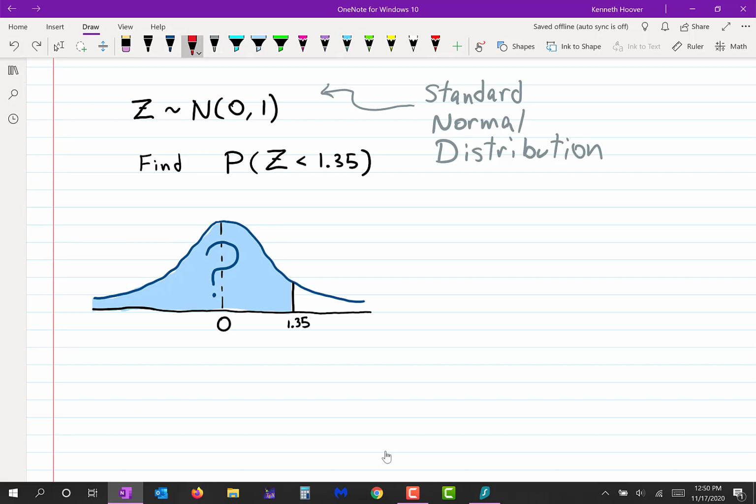In the back of the book is a table with a whole bunch of areas written down for you. I'm going to show you how to use that table. I'm also going to show you how to use Microsoft Excel to calculate it as well. It's very easy. It's just a matter of typing in one command and it'll tell you what the area is. But first let me show you how to use the table in the back of the book.